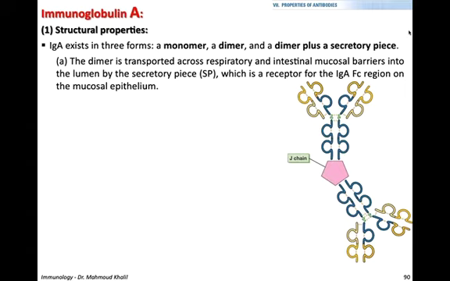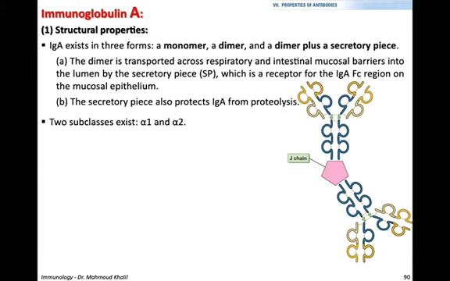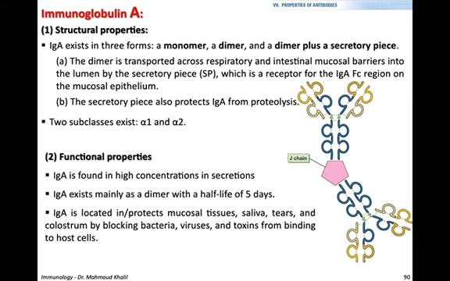So this secretory piece exists in antibodies that need transportation through the respiratory and intestinal mucosal barrier. As well, the secretory piece protects the IgA from proteolysis, and there are two subclasses, alpha 1 and alpha 2.